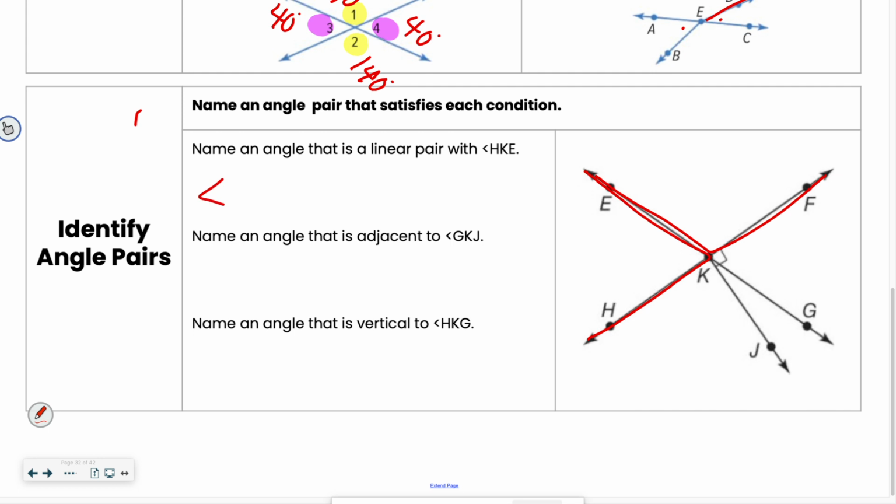I'll write them both down. So FKE. That one works. FKG also works. Anyone see a third one? HKJ. Yeah, HKJ also works. I think we got it. There's only 3. And we got them. Very good.